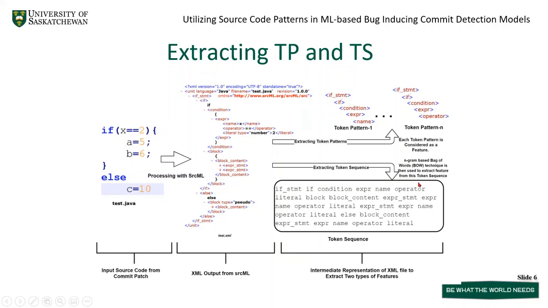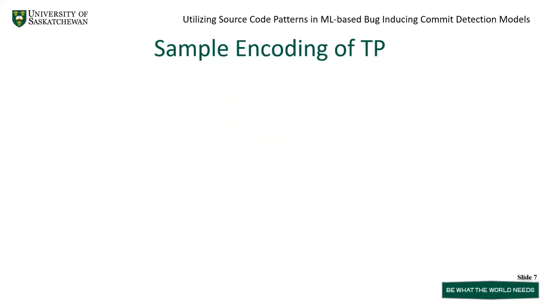We apply the feature retrieval method, and after getting the feature values we will apply the machine learning model. So those token patterns and token sequences we'll use to encode the commits of a software system, and from those commits, we will try to detect which commits are bug inducing and which are not.